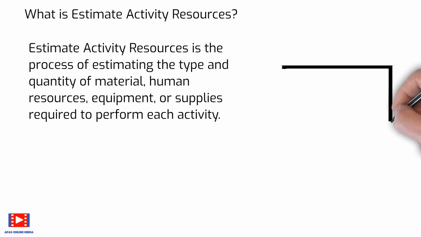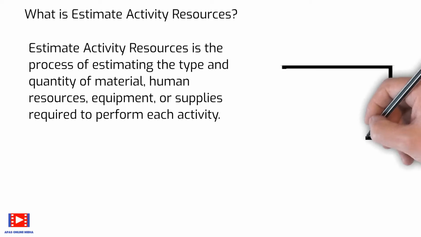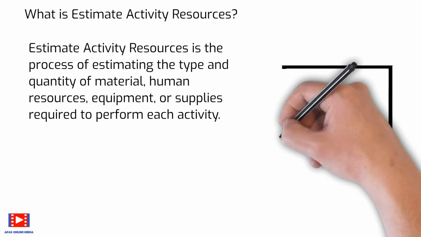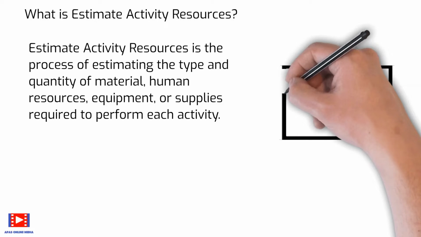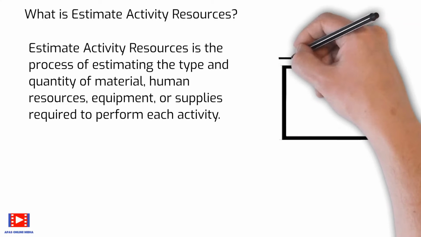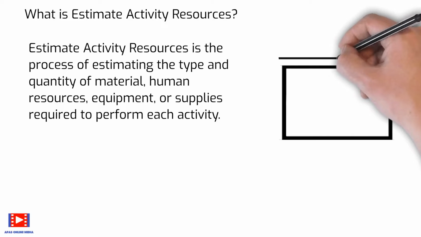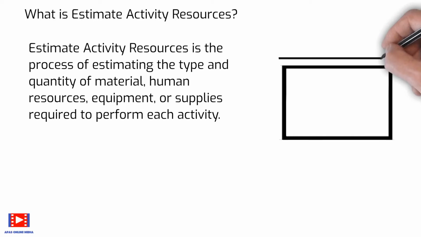The key benefit of this process is that it identifies the type, quantity, and characteristics of resources required to complete the activity, which allows more accurate cost and duration estimates.